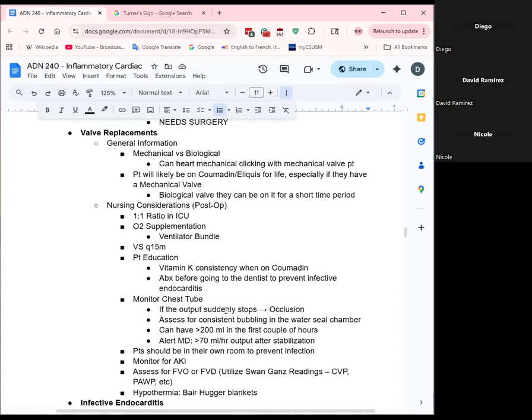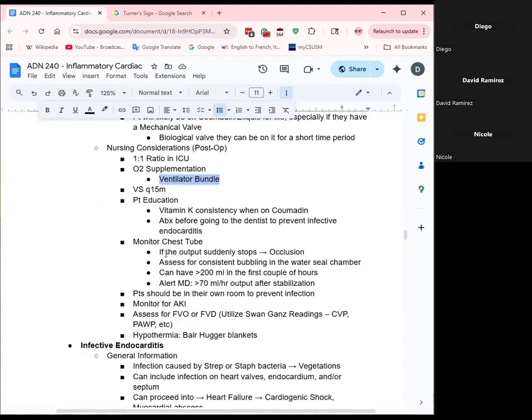Some considerations are listed here. A lot of that has to do with post-op. They're going to be a 1-to-1 in the ICU. They're going to be ventilated, so that goes back to your ventilator bundle, to review that. Some patient education on Coumadin. Some review of chest tube.